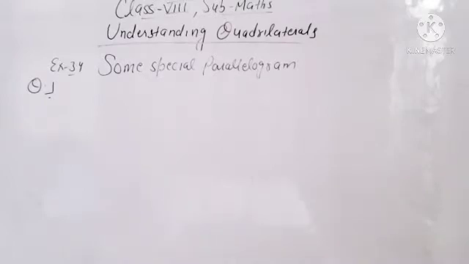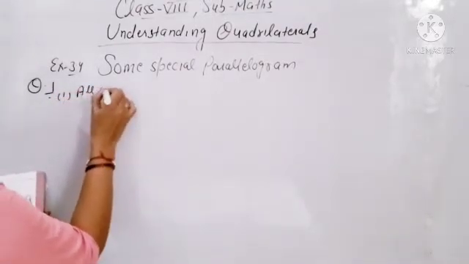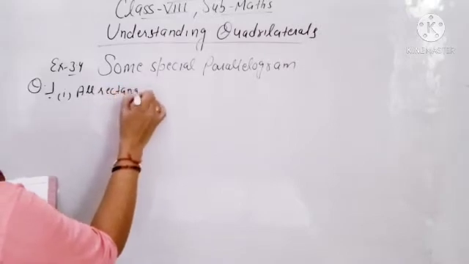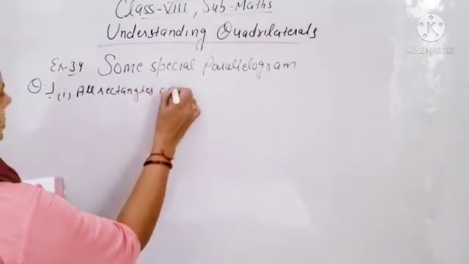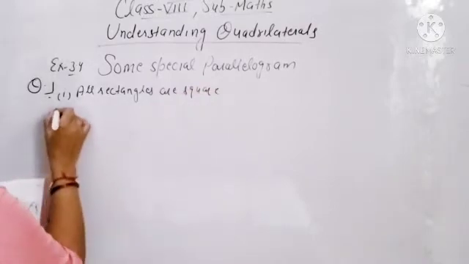State whether true or false. First one, all rectangles are squares. First I am writing all the parts. All rectangles are squares.